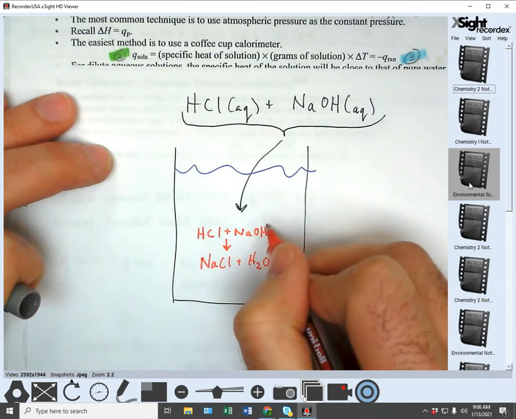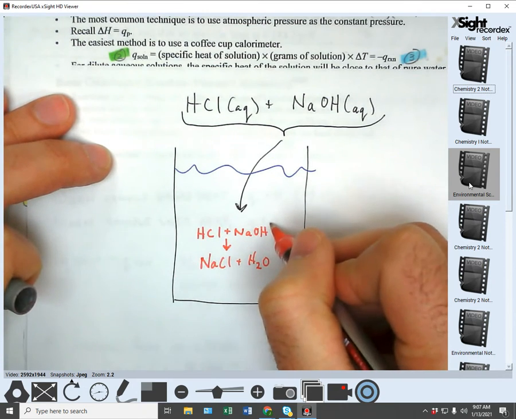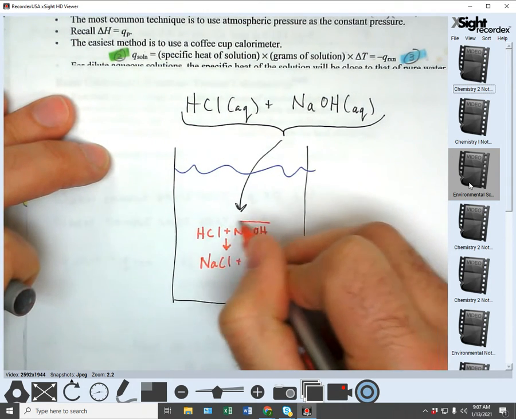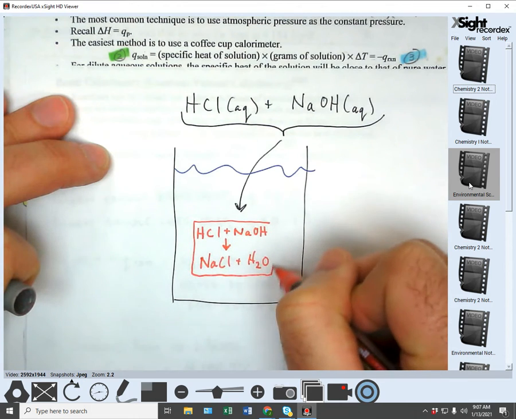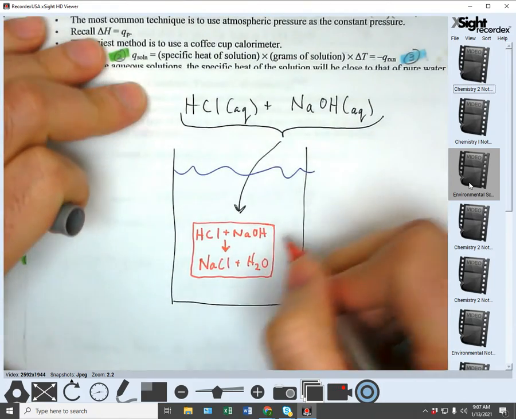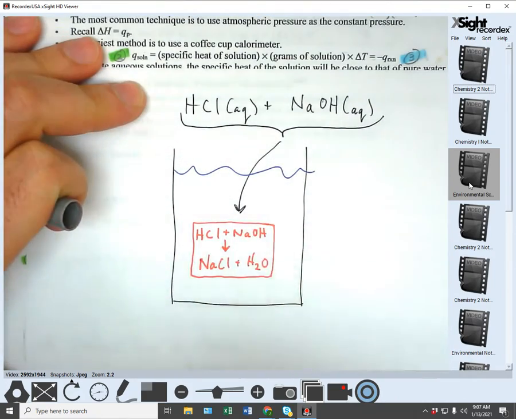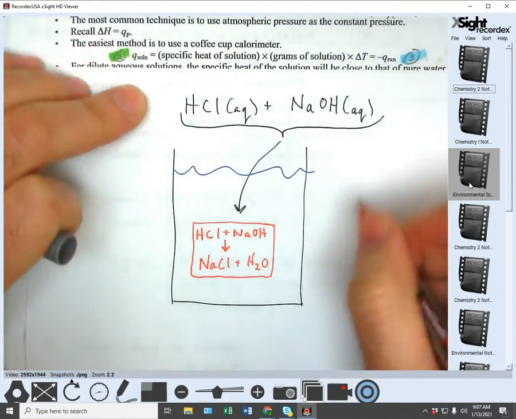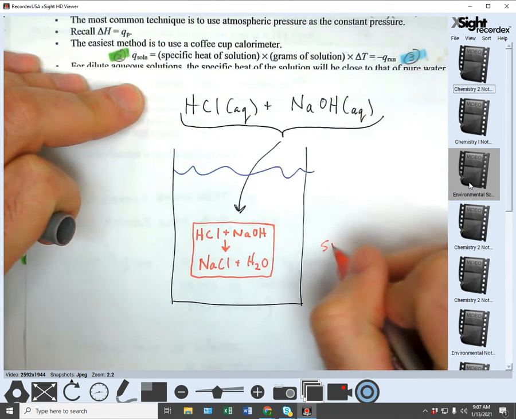Now, here's the part for thermodynamics that can seem a little weird. The reaction, the actual reaction itself, is the system.